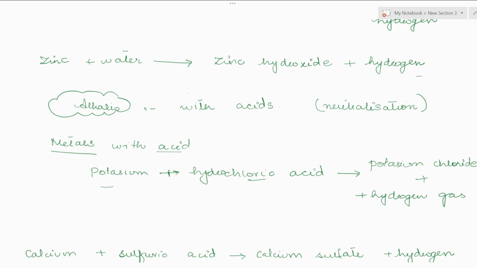Okay, no, it's not oxygen. What else is present in the air? What else? Water vapors.